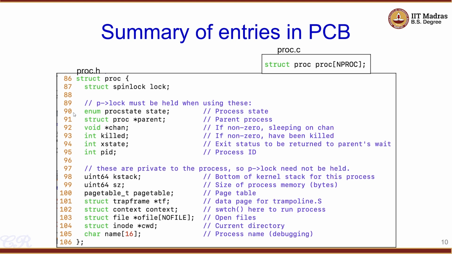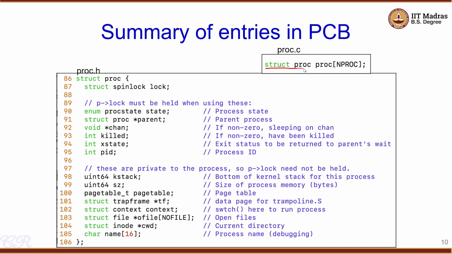There are multiple entries present. We will go into many of these entries throughout the source code. We will keep repeating them. Currently we look at some of the critical and important entries.